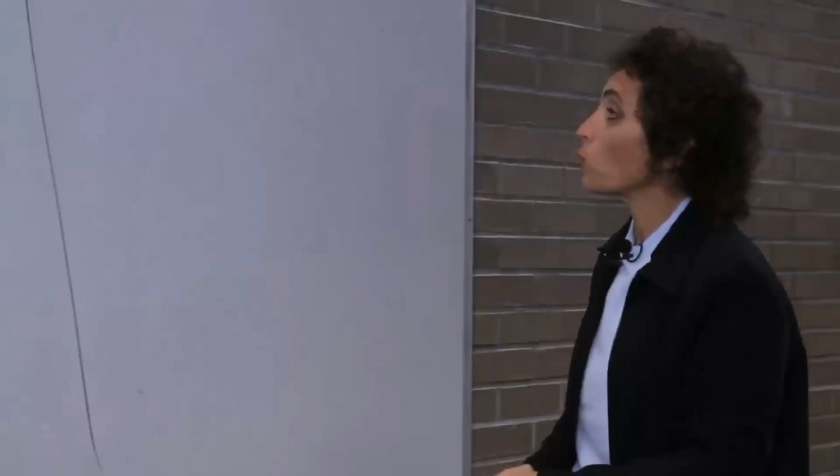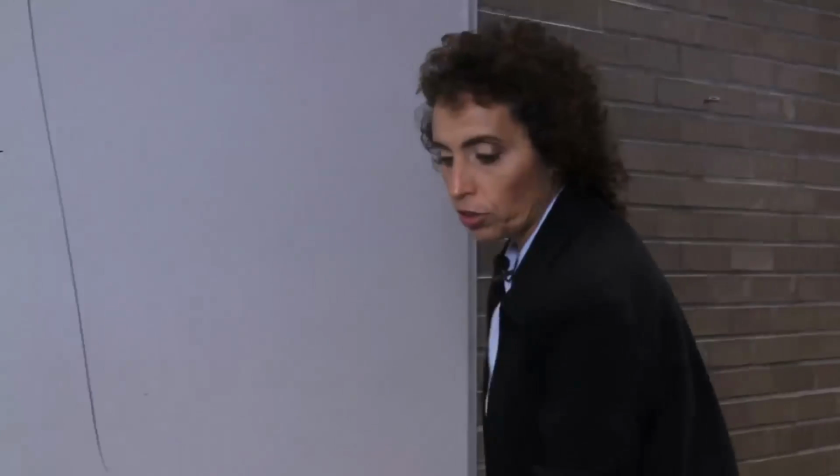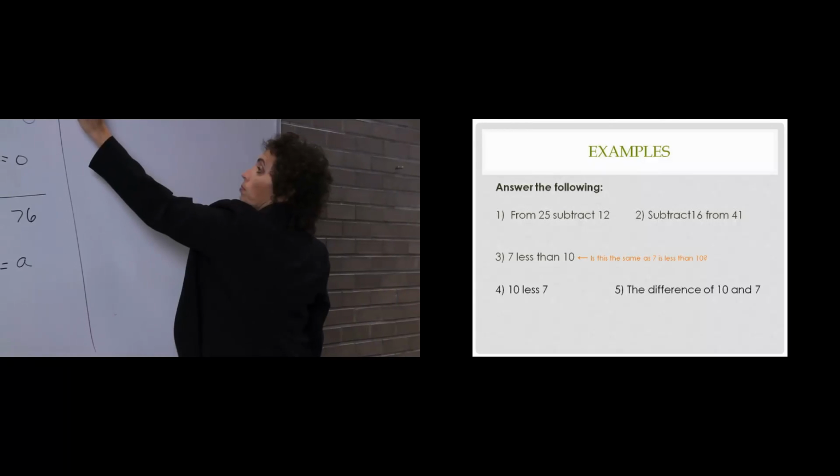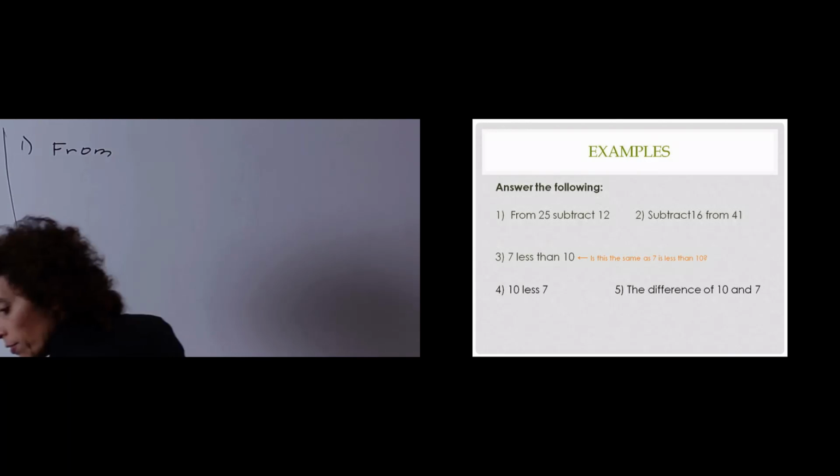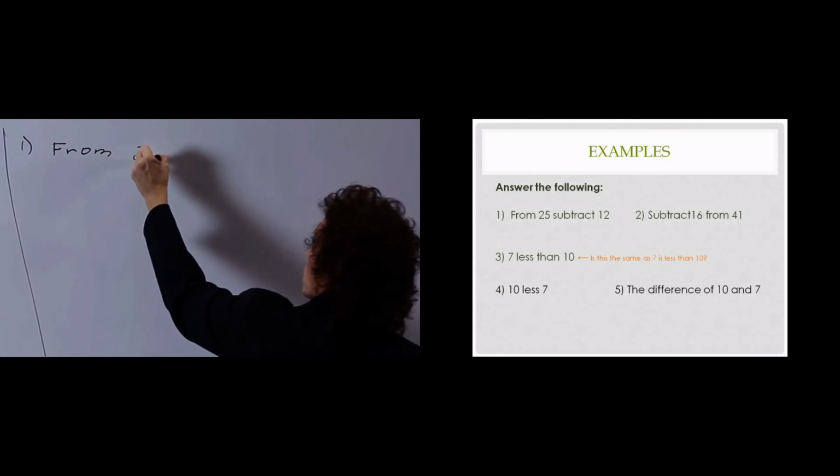Okay, now let's take a second to do some actual subtraction, and then we'll talk about the key words in subtraction. So let's look at some of these questions. From 25, subtract 12.